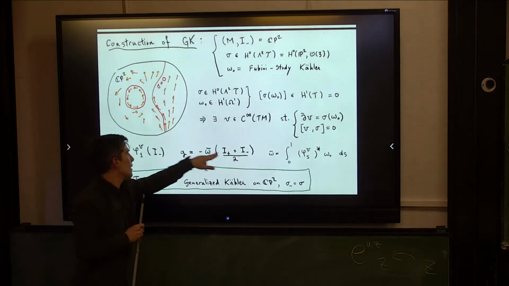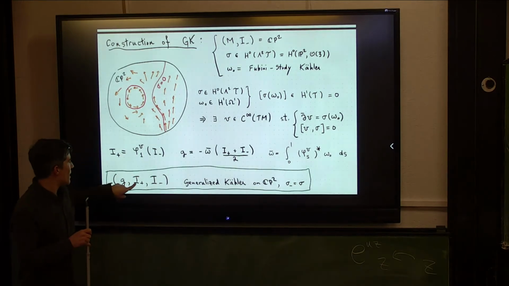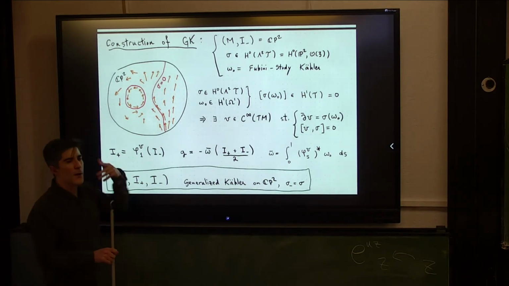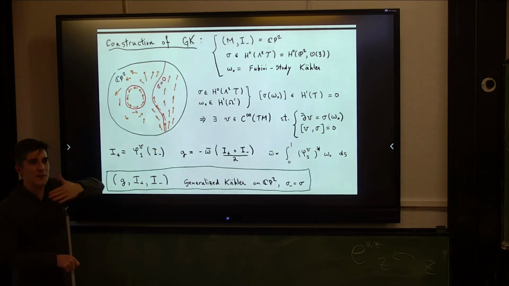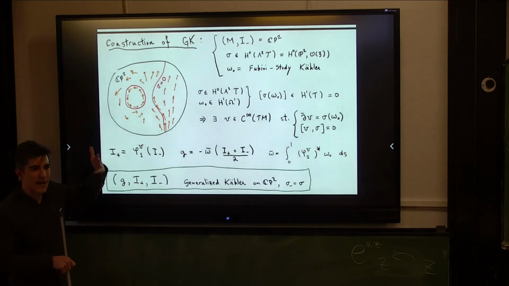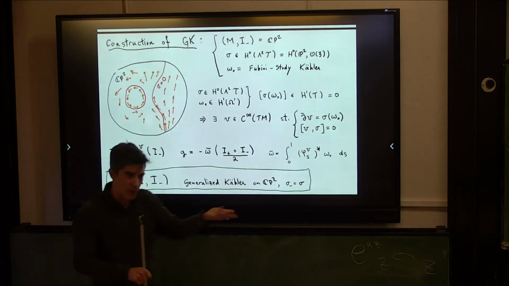And this gives a metric which is compatible with these two complex structures. So this is another one of those constructions that we obtained for some natural reason, but in the end it looks very ad hoc or bizarre. I don't have time to explain it, but this is an explicit way of producing an example.